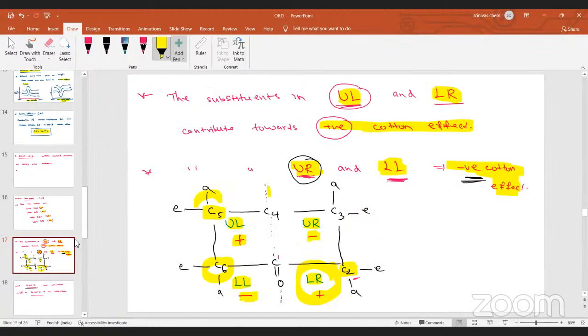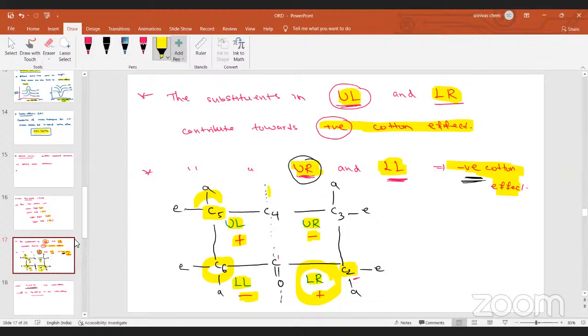The substituents in upper left and lower right contribute a positive Cotton effect, and the substituents in upper right and lower left contribute a negative Cotton effect.